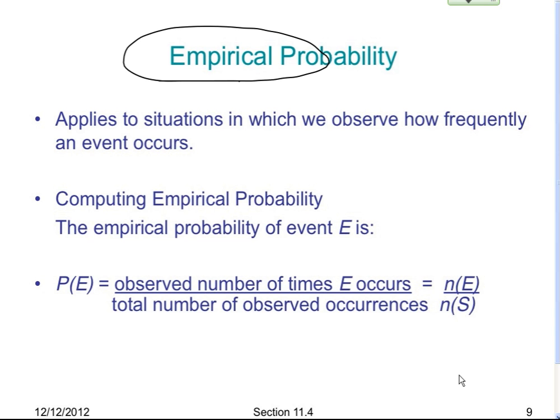The empirical probability then would be 7 heads out of 10 coin tosses. So empirical probability may be different than theoretical probability. Empirical probability is when we actually do the coin toss, when we actually observe something happening.